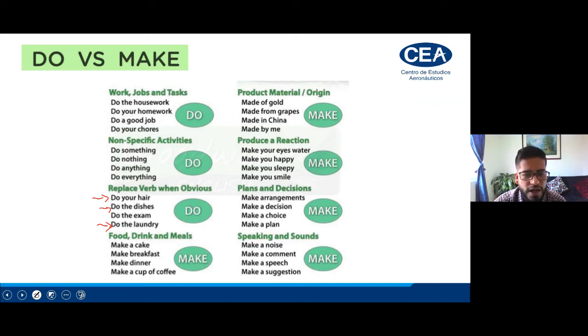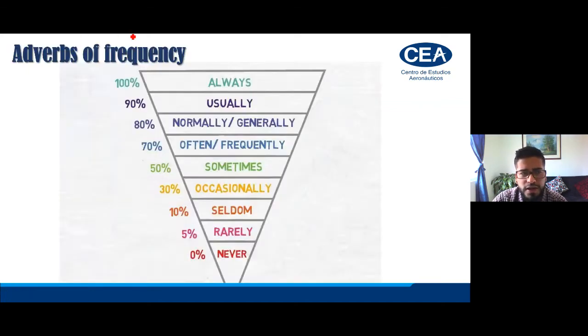Okay, so let's continue with this part that is adverbs of frequency. When we're going to talk about adverbs of frequency, normally we're going to talk about the simple present, okay? Or, for example, it's possible to talk about the past, okay? Or maybe if you have some wishes and some plans for the future, it's possible to use these adverbs of frequency.